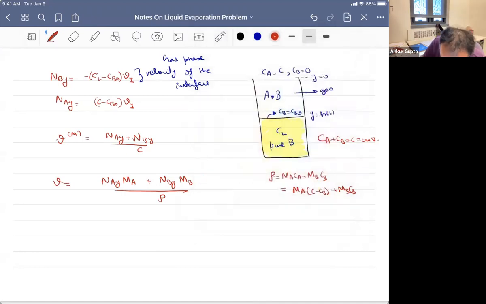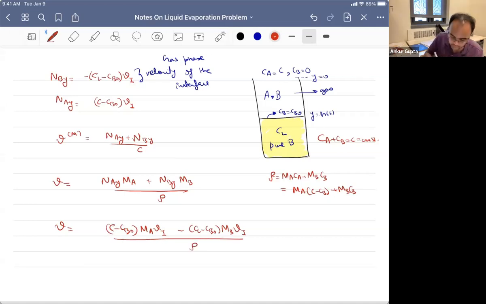So the velocity would be, NAY is first, so (c minus CB naught) times MA times VI, plus NBY, which is minus (CL minus CB naught) times MB times VI, all divided by rho.